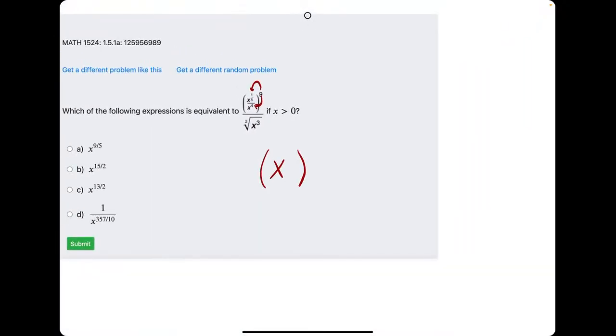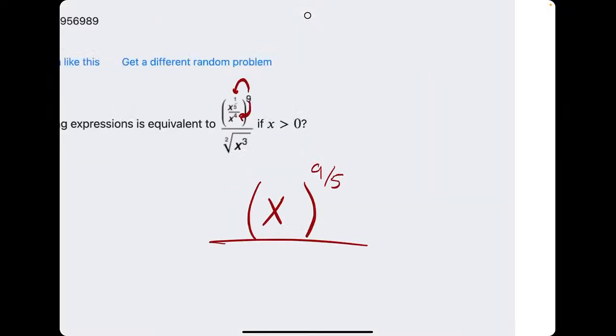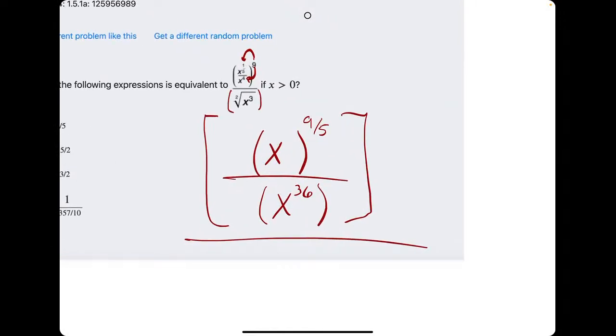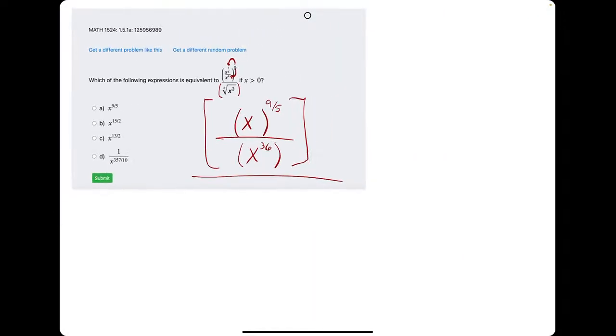So 9 times 1/5 is 9/5, and then the 4 times 9 gives us x to the 36. So we have all this on top, and then we still have the square root of x cubed on the bottom, which I would rewrite as x cubed raised to the 1/2, rewriting the square root as a 1/2 exponent.